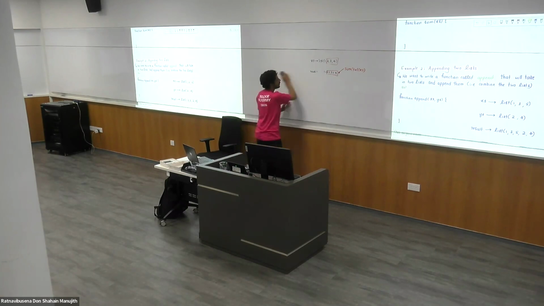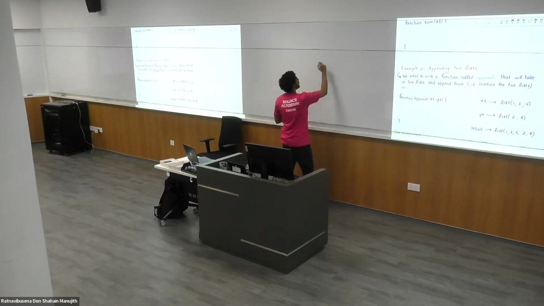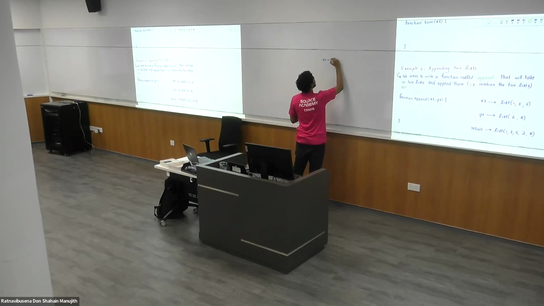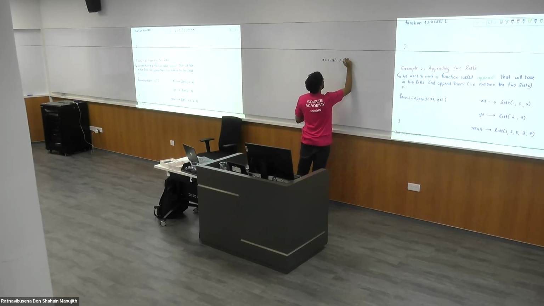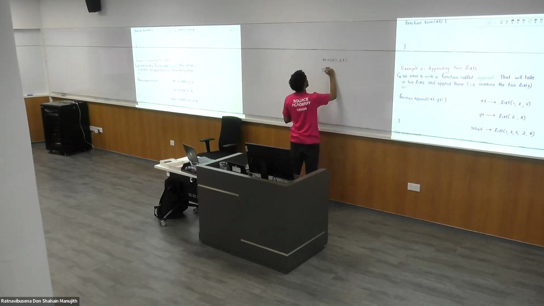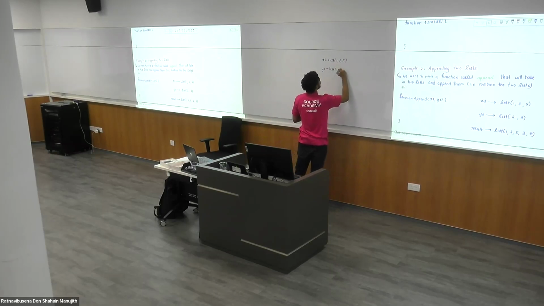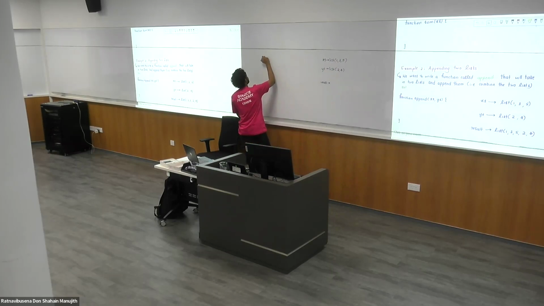So we have xs, list 1, 3, 5, and then we have ys, list 2, 4. And then we have result. So we have a function called append.